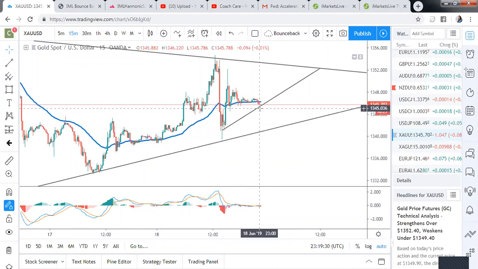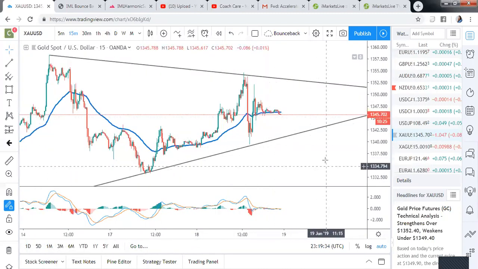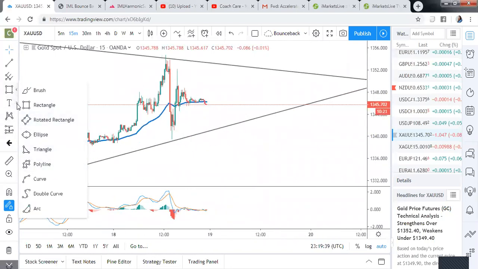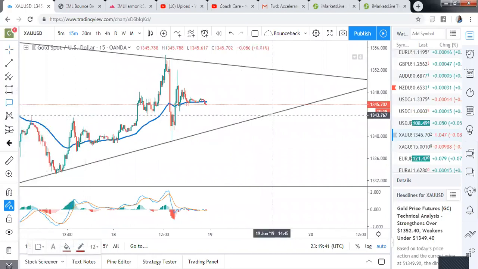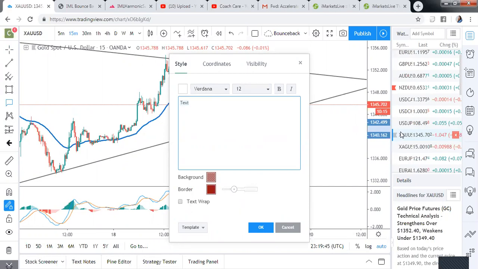a trend line, and if you don't feel comfortable with this particular trend line, then you can actually come around here and just wait for a break, right?